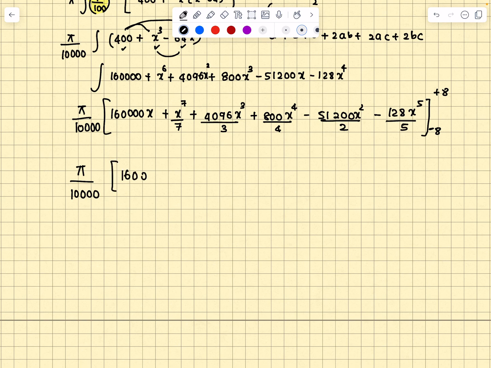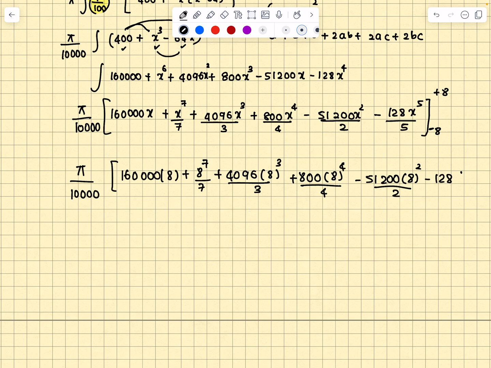So 160,000 times 8 to the power of 7 over 7 plus 4,096 times 8 cubed over 3, 800 times 8 to the power of 4 over 4, 51,200 times 8 squared over 2, 128 times 8 to the power of 5 over 5.